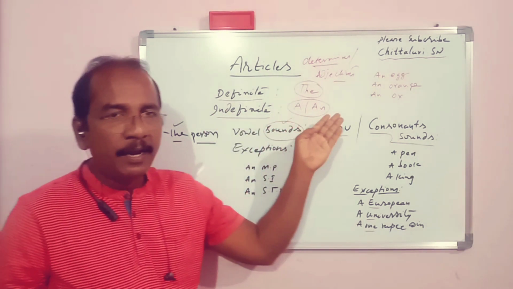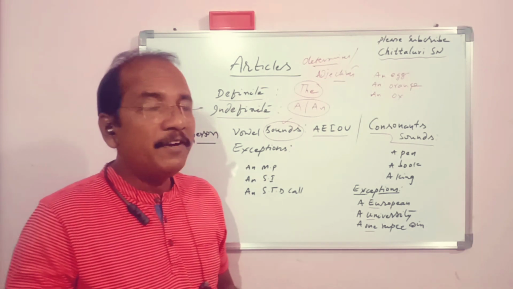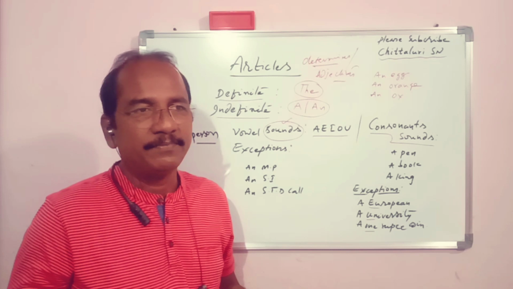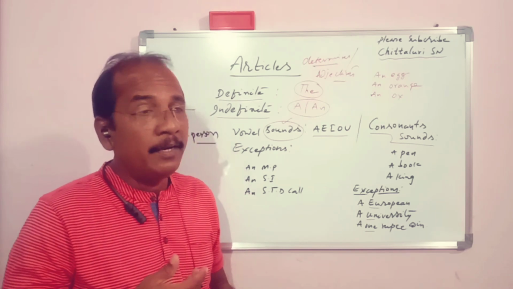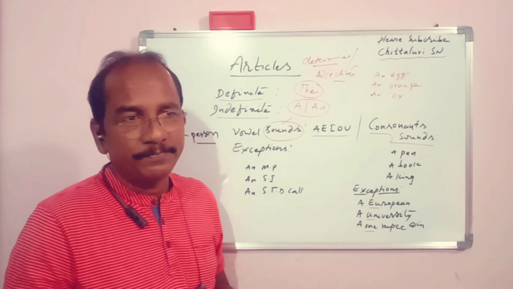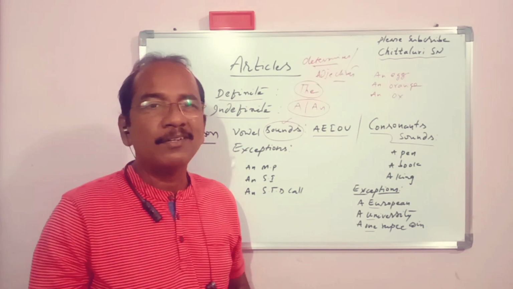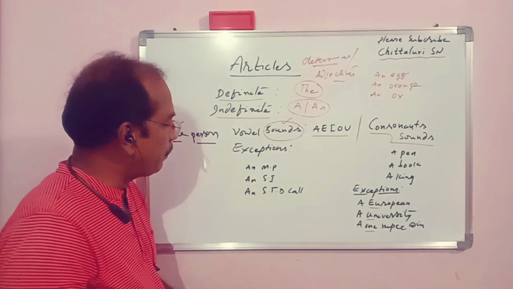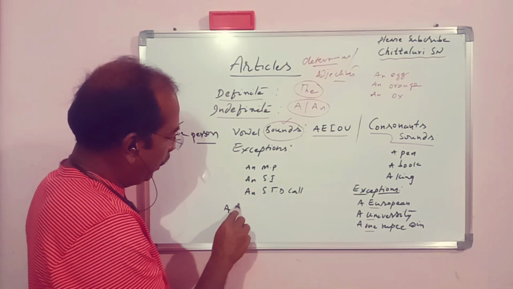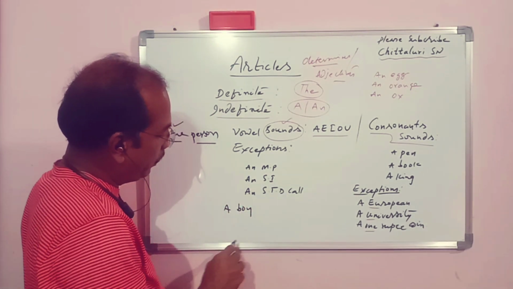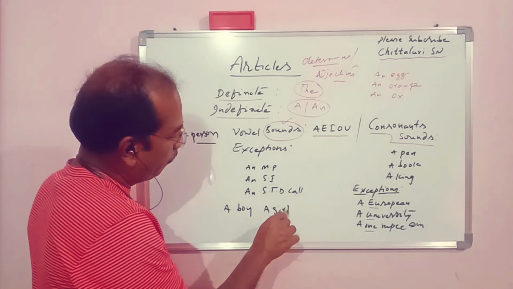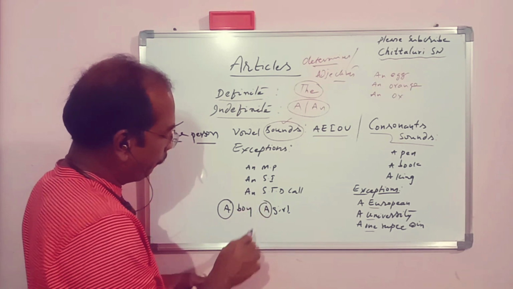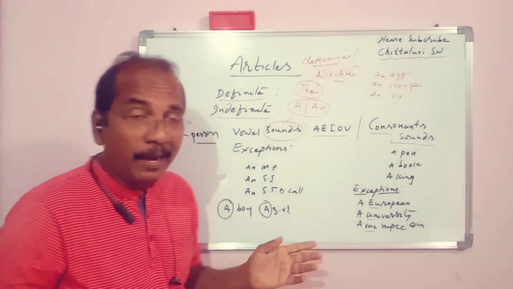Coming to indefinite, the indefinite articles are a or an. How can we define them? It is indefinite, meaning it cannot emphasize a particular person or a particular thing. For example, a boy, a girl. Here a is the indefinite article. Why?